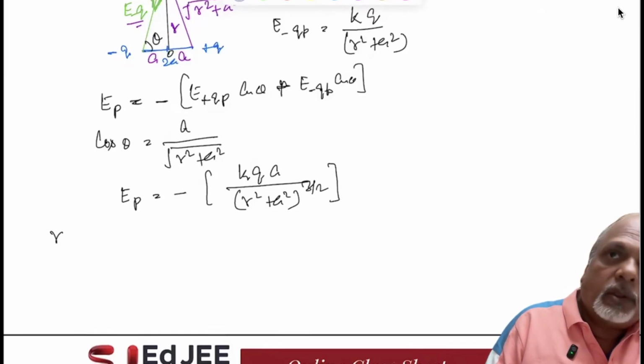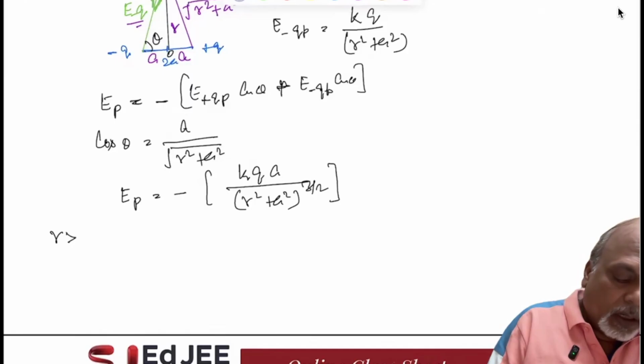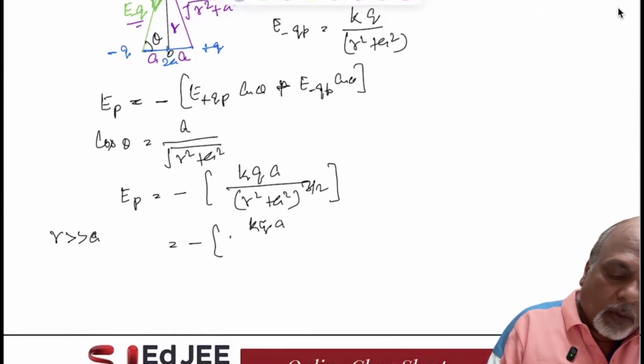Now if R is quite larger than A, we can write this formula as KQ A upon R cube into 1 plus A square upon R square to the power 3/2.